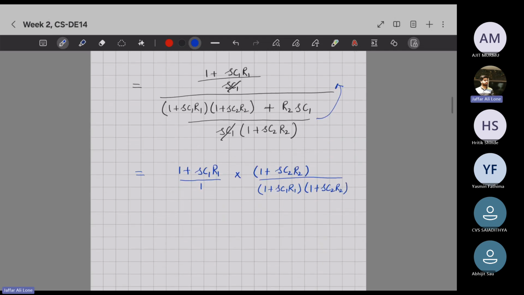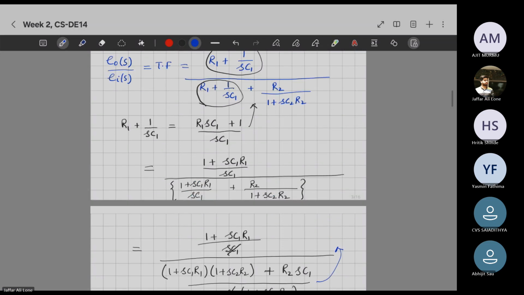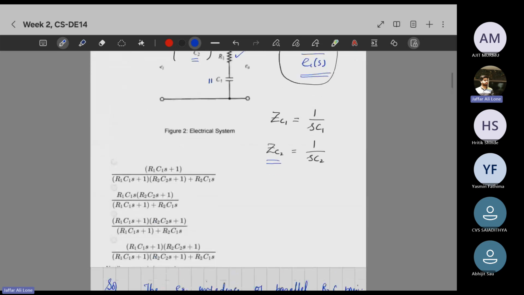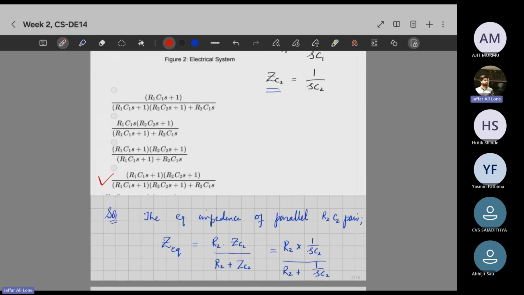And this is the required answer. Now let's check the answers. This one matches: R1C1S plus 1, R2C2S plus 1 divided by this thing. So this is the correct answer.